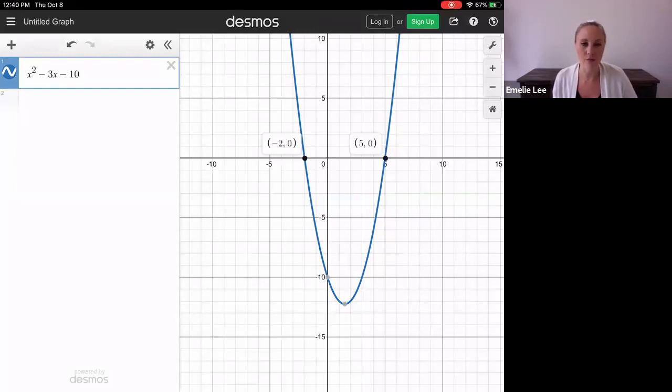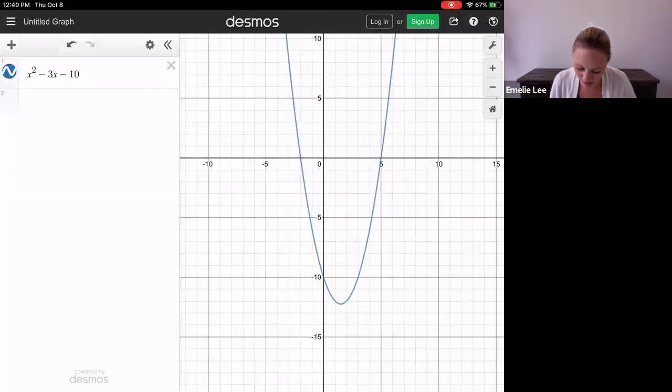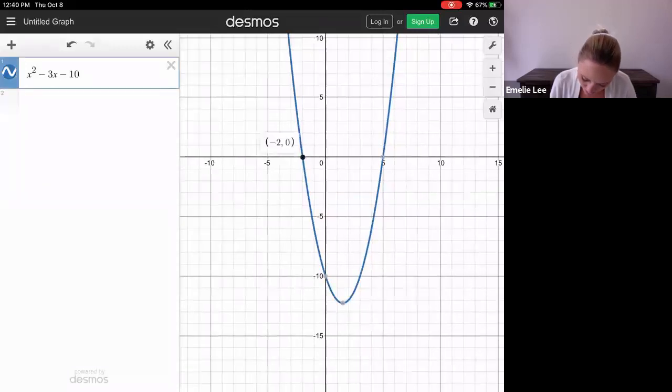So what we wanted to find was where this thing was less than or equal to 0. So it looks to me like all of it is less than or equal to 0 between -2 and 5. These are all negative results until I hit 5 again. Okay. And then it's positive.